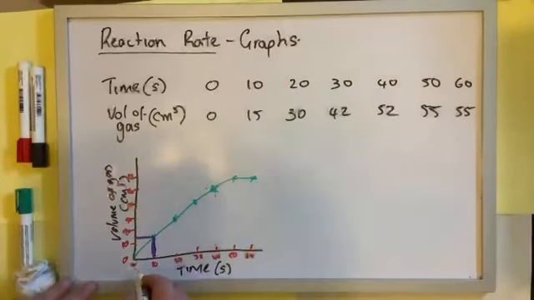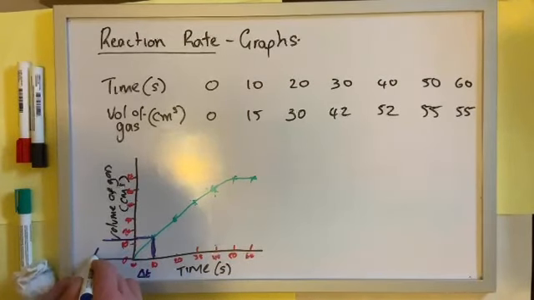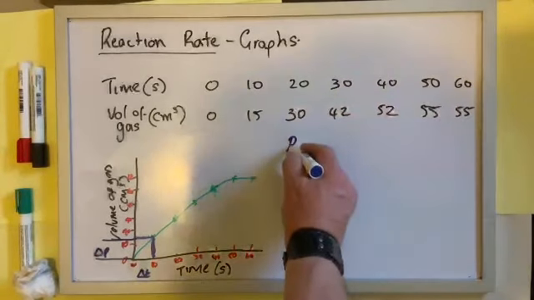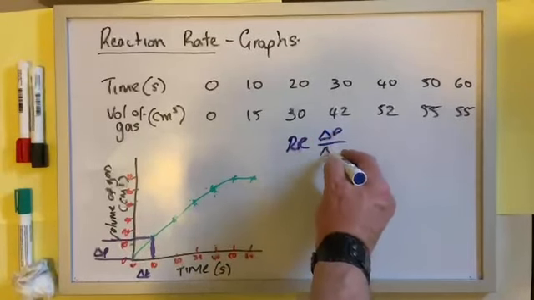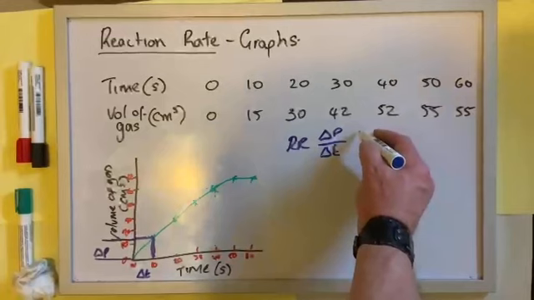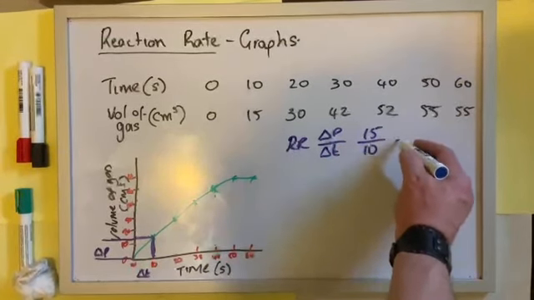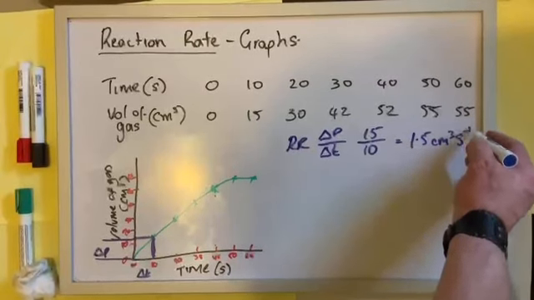That would be our delta T. That would be our delta P. And I accept the numbers are pretty easy in this. So we'd have a reaction rate of delta P divided by delta T. In this case it would be 15 divided by 10 equals 1.5 centimetre cubed per second minus 1.